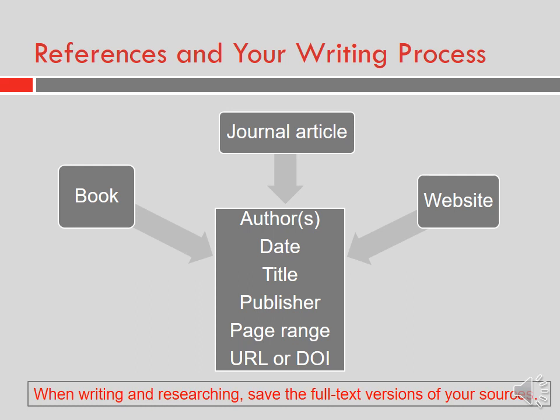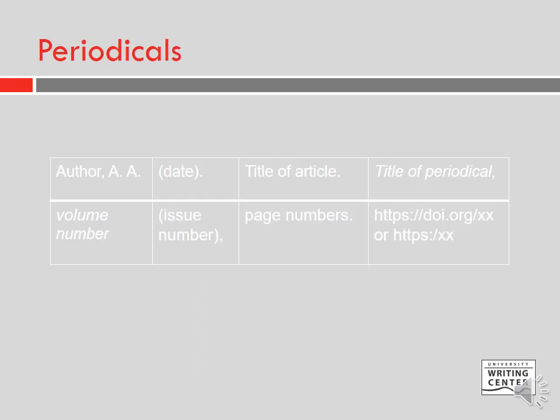During your research process, save the full text of all your sources, either as digital or paper copies, so that you can use them to create the reference entries. For the next few minutes, I'll overview examples of reference entries based on common types of sources. See the APA Publication Manual 7th edition for much more detailed information and additional types of sources or variation.